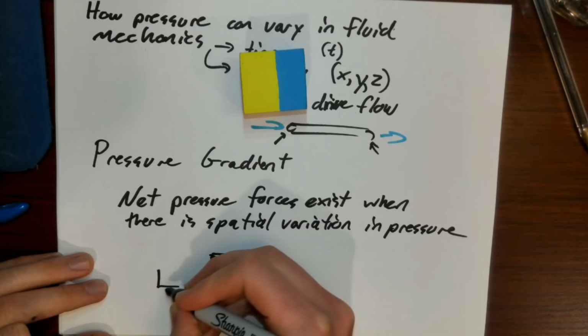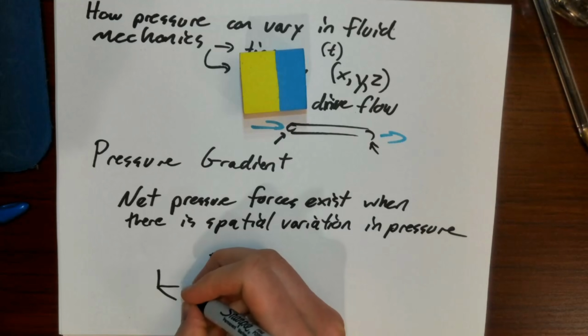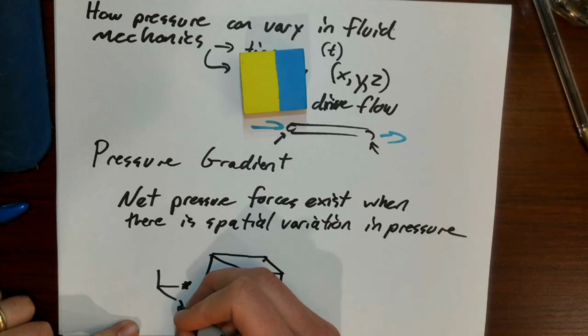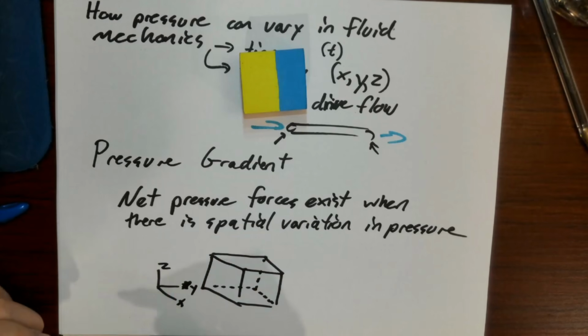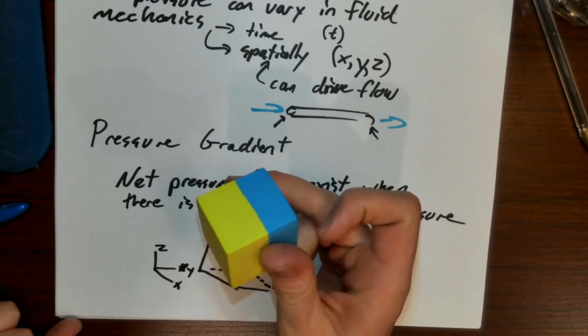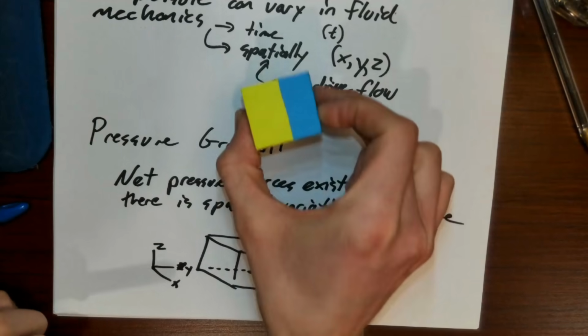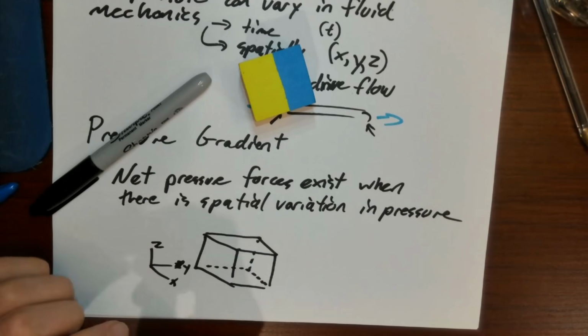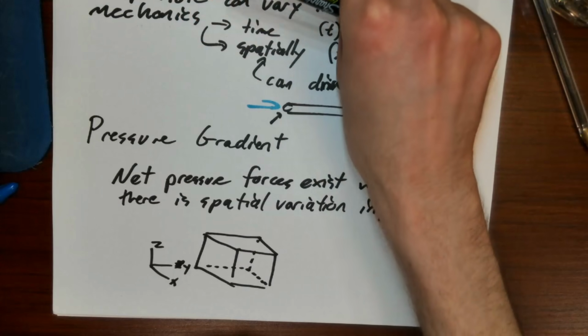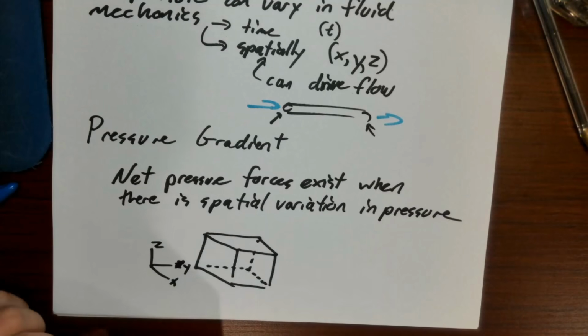Let's give myself a coordinate system. So imagine I have this coordinate system right here, and let's say there's pressure acting on this chunk of fluid. If you recall from the previous page of notes, positive pressure is defined by definition to be inwards.